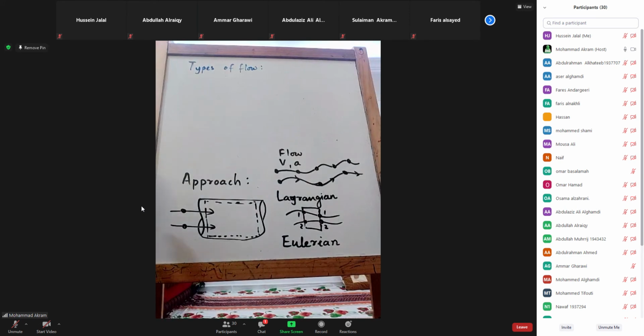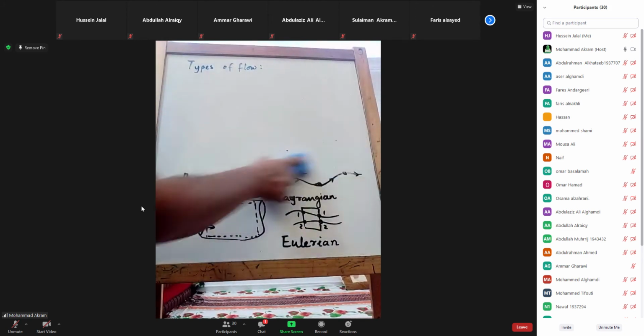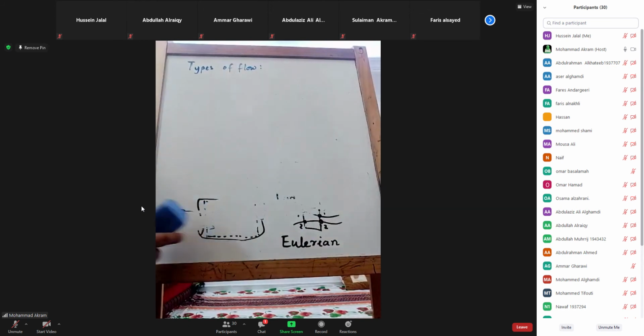So like that, we will have different types of flows. So we'll first understand the different flows.